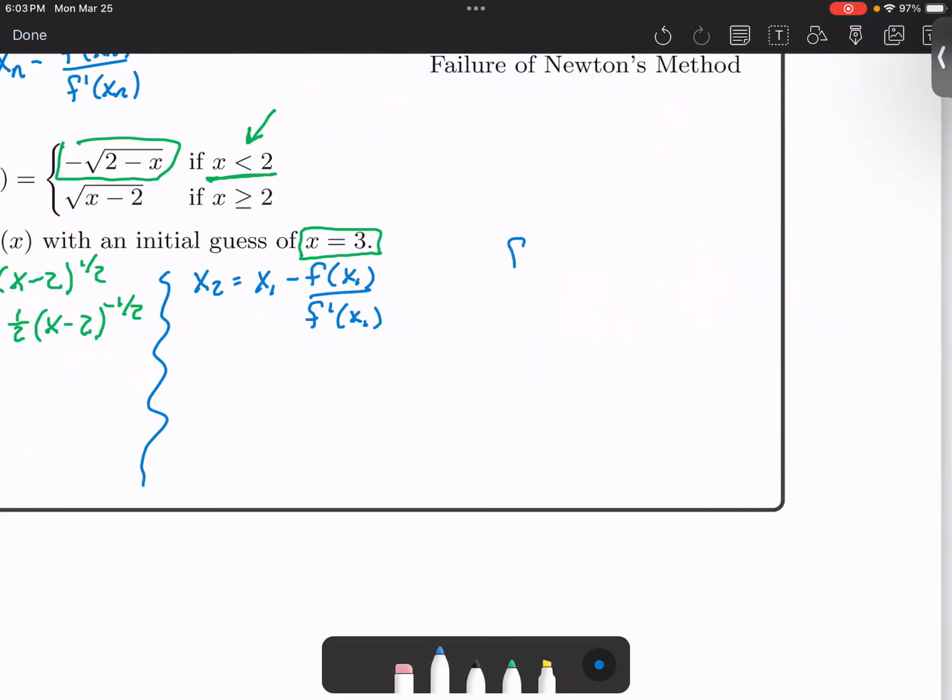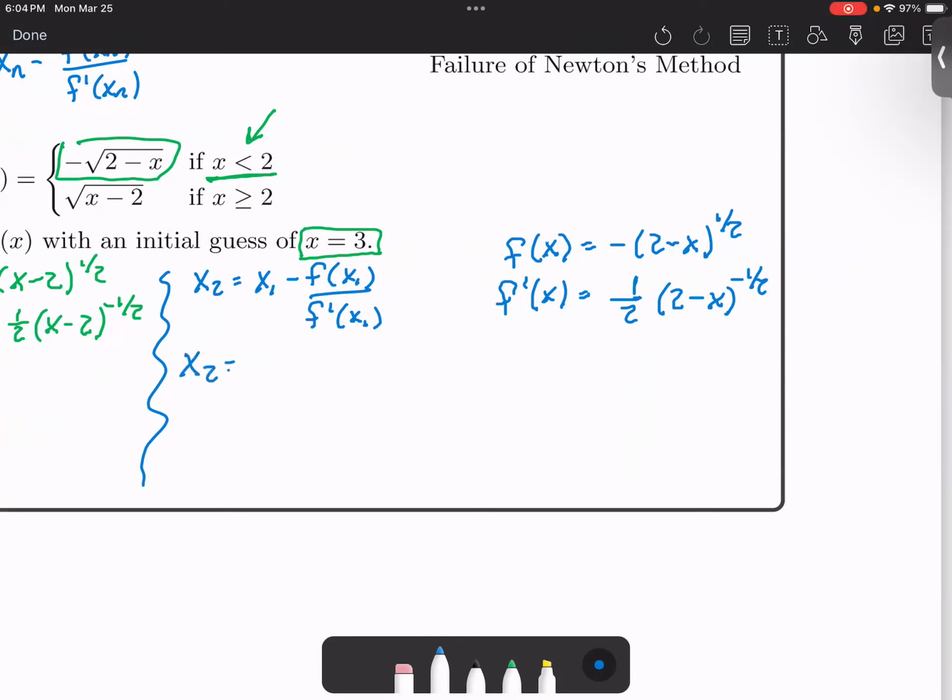Here, the function is minus 2 minus x to the 1/2. And our derivative is then minus 1/2, 2 minus x to the minus 1/2, but then times a minus 1 by the chain rule. So we just have a positive 1/2 out front.